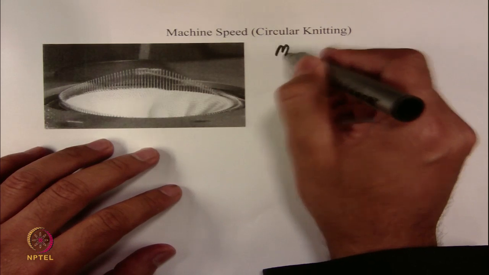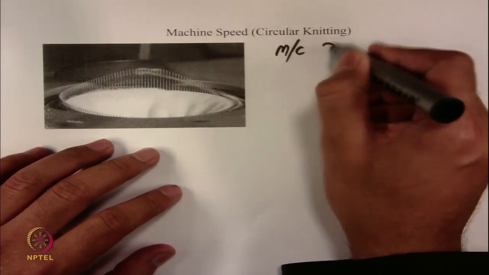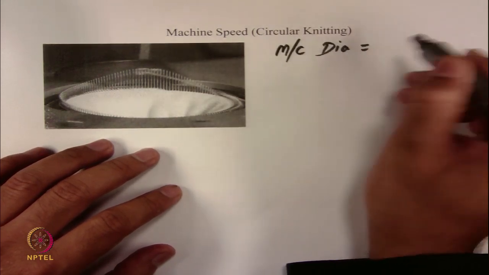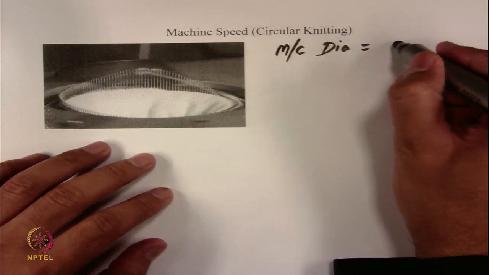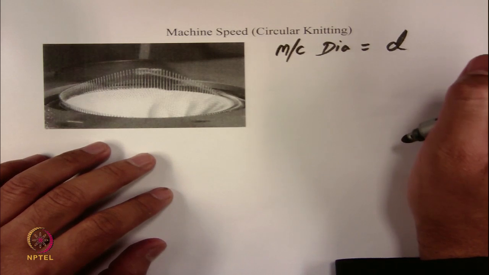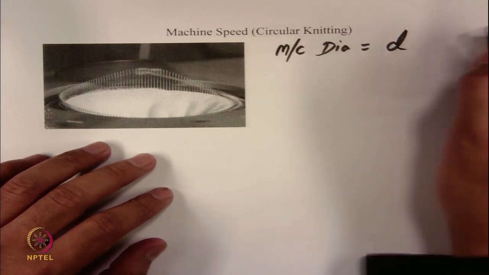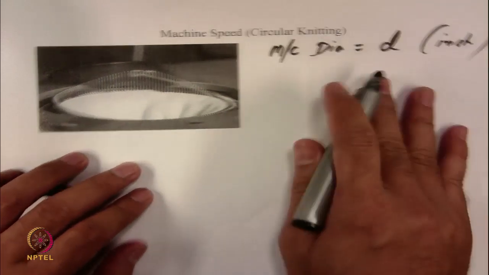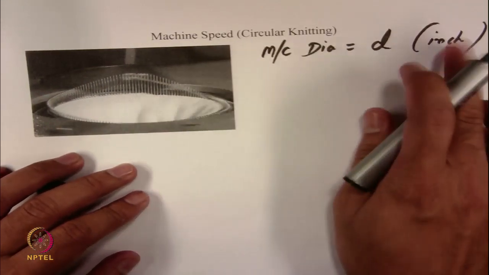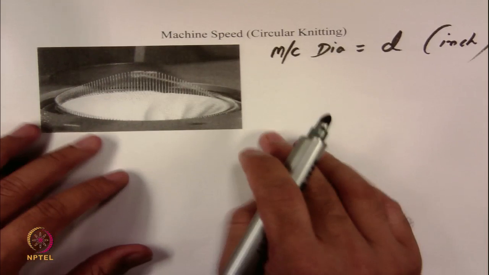So, the machine diameter will always be known to you. Let us suppose this diameter is d, and it is expressed in inches.